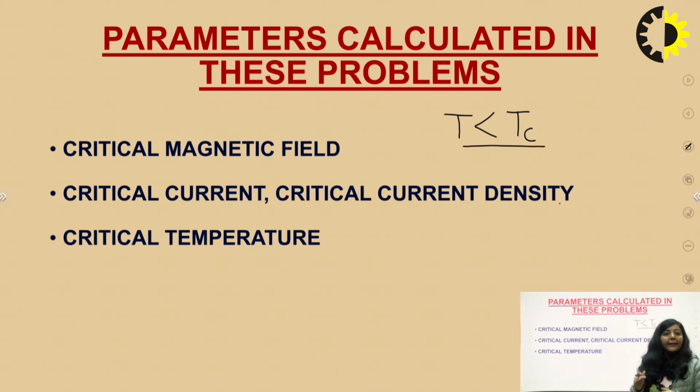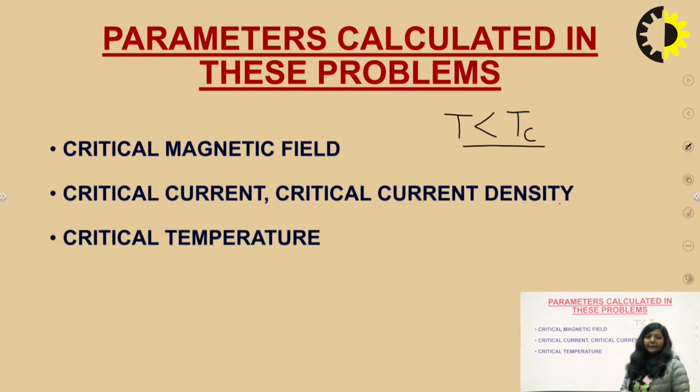But even at that temperature, we can change the state of that superconductor from superconducting state to normal state, just by applying an external magnetic field. That minimum value of magnetic field, which is required to change the superconducting state, is known as critical magnetic field. So the second deciding factor for superconductivity is critical magnetic field.